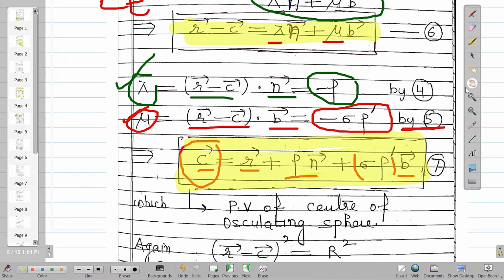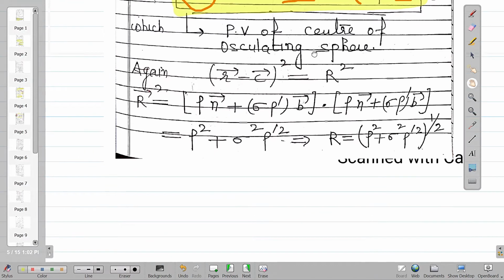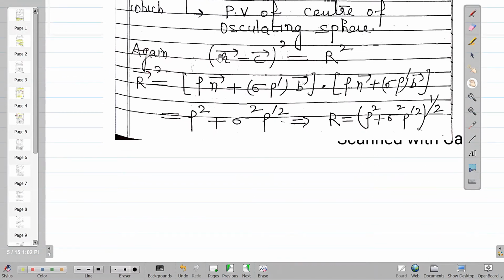Now after that, we want to find the radius of curvature, the value of R. To find the value of R, we know that (R minus C) raised to power 2 is equal to R square. Clear? We know these values.